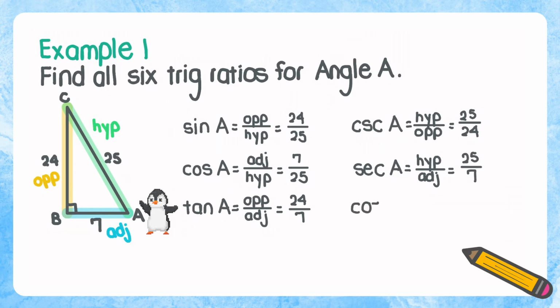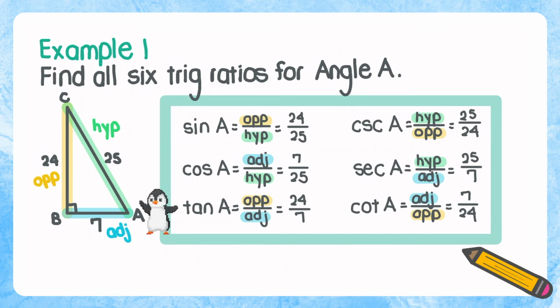And lastly, the cotangent of A is the reciprocal of tangent of A. So we have the adjacent side over the opposite side, which is 7 over 24. So once you identify each side and then find the first 3 trig ratios, you can easily find the new 3 trig ratios by thinking of the reciprocals.